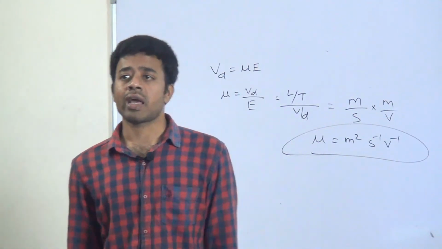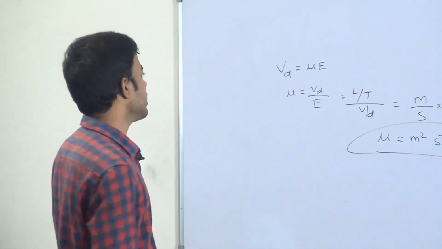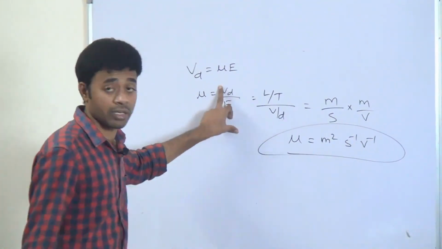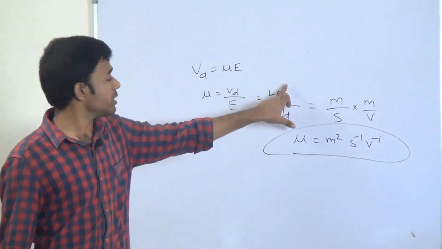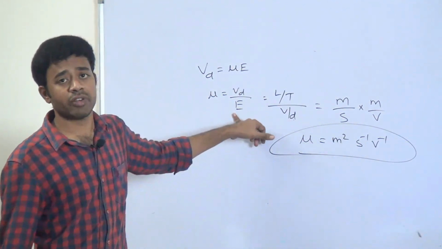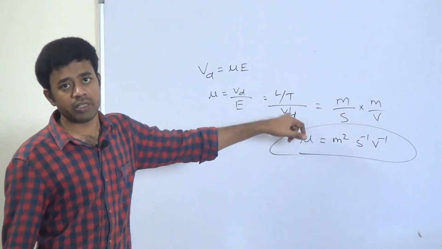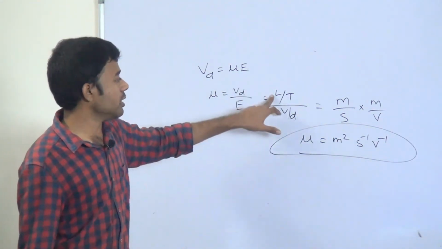So electron mobility mu equal to Vd by E. Here Vd is the drift velocity, which is the length or displacement by time, and the applied field E, which is the electric field, is equal to voltage by distance.